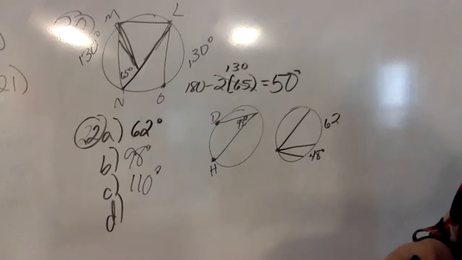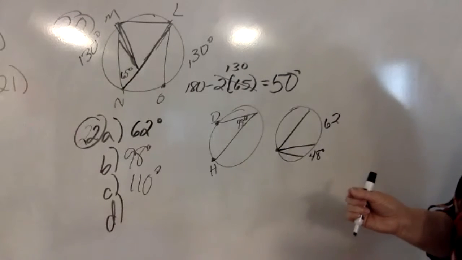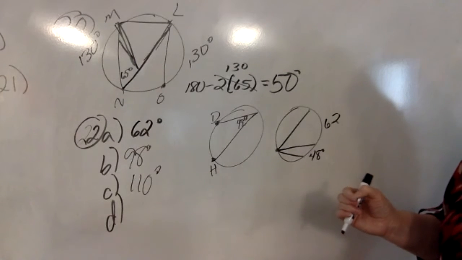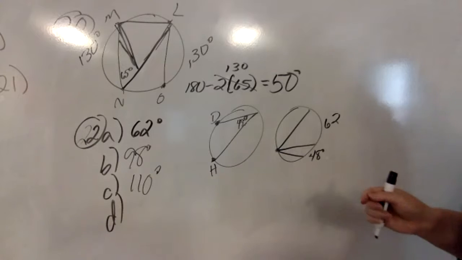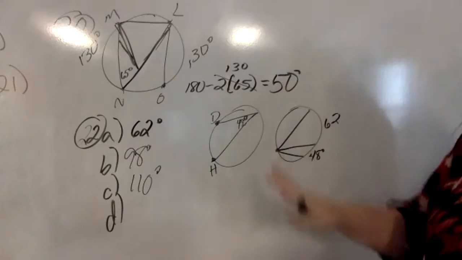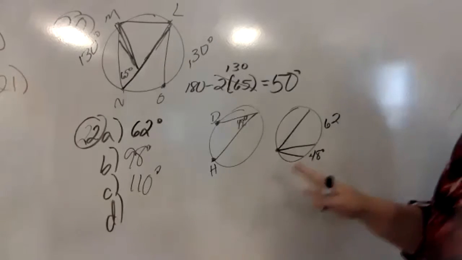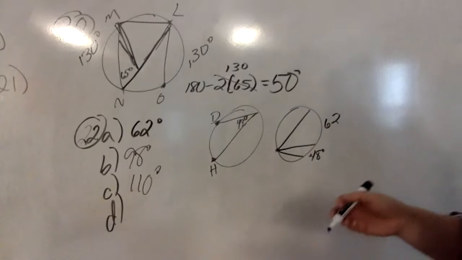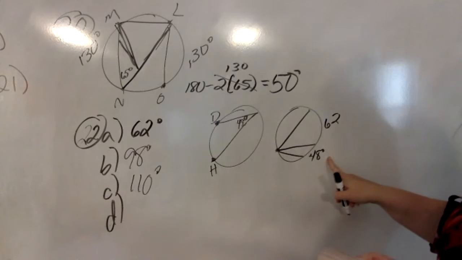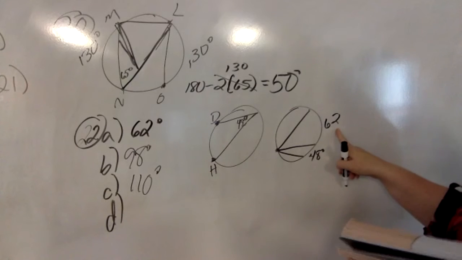And then for GH, GH is the little small part down at the bottom. To find GH, we're going to have to take all of them we've already found and subtract it from the entire circle, which is 360 degrees. We know this part was 48. We know this part was 62.